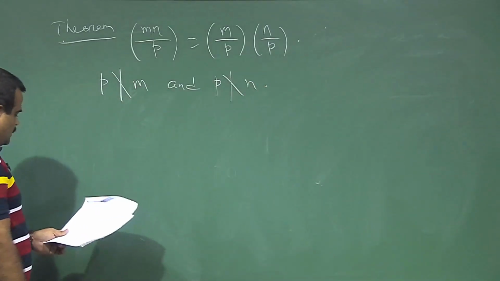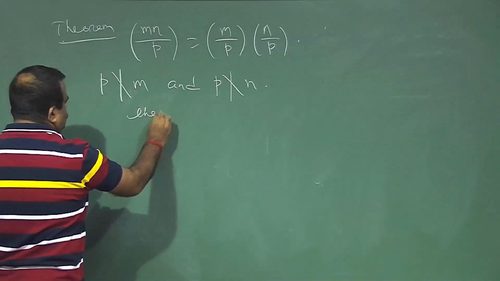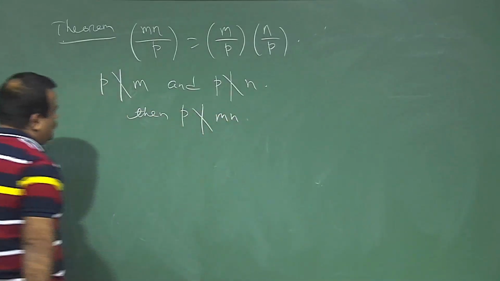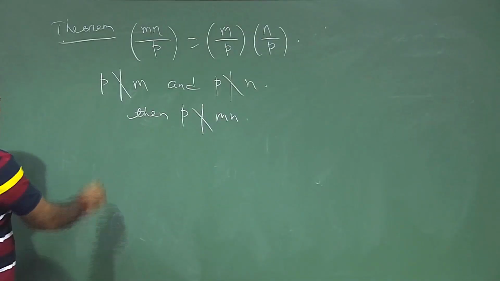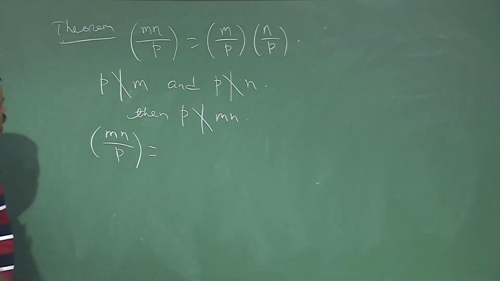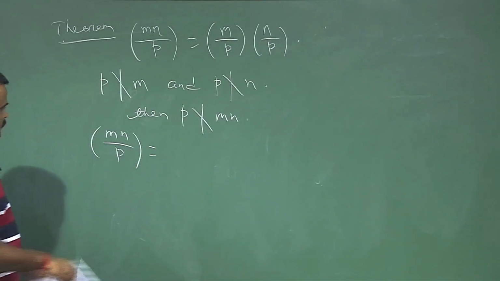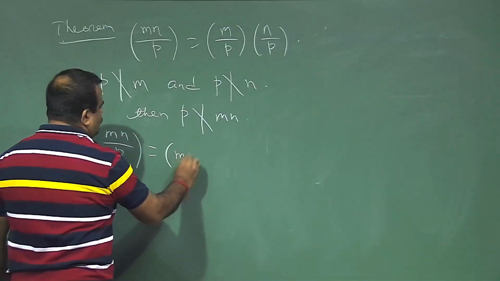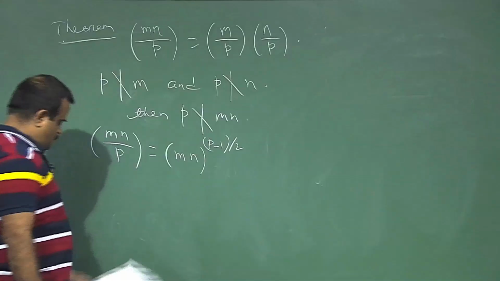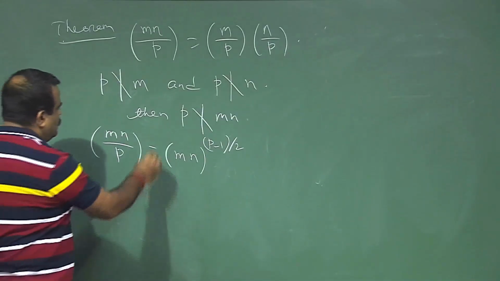Then p does not divide mn. In this case, (mn/p) is, by the earlier theorem, Euler's theorem, mn to the power (p minus 1)/2 mod p.